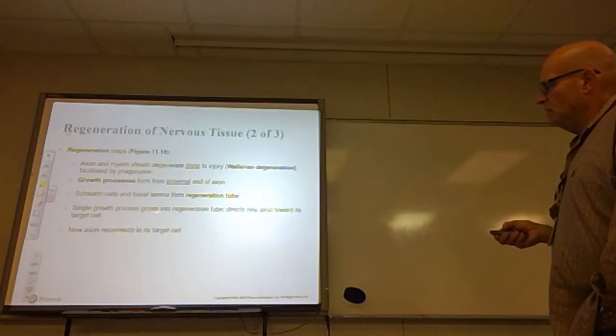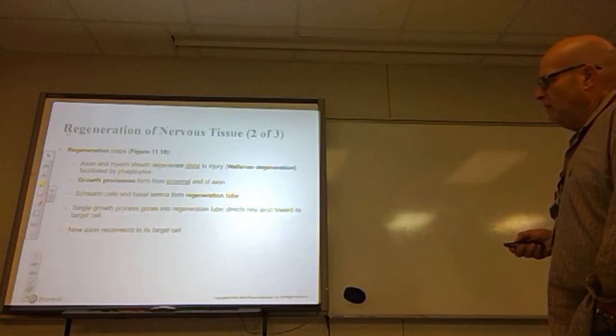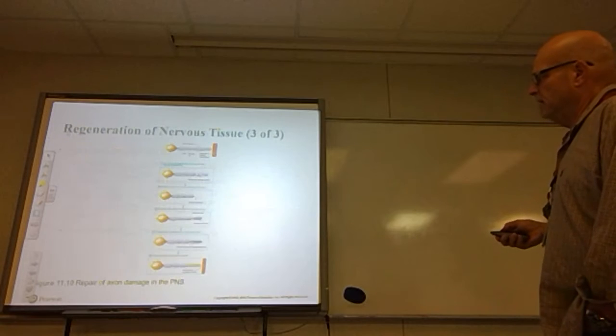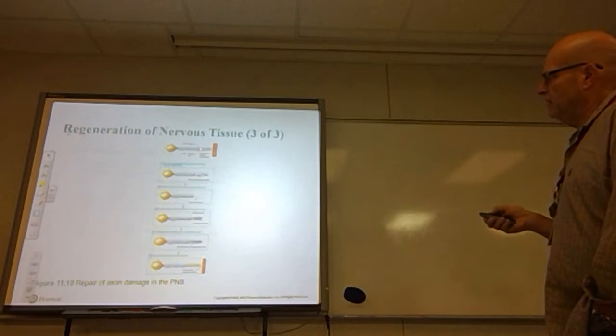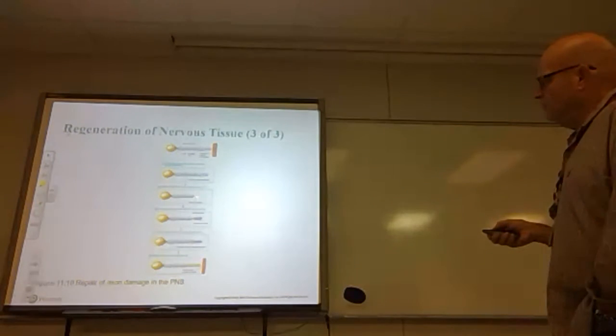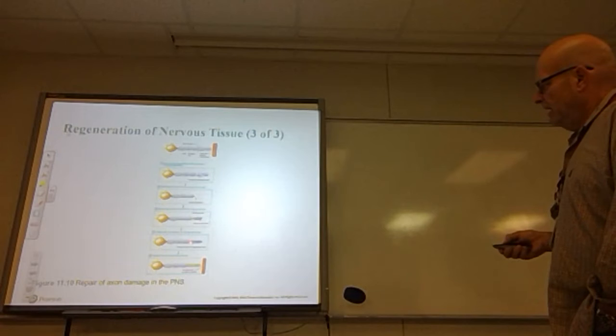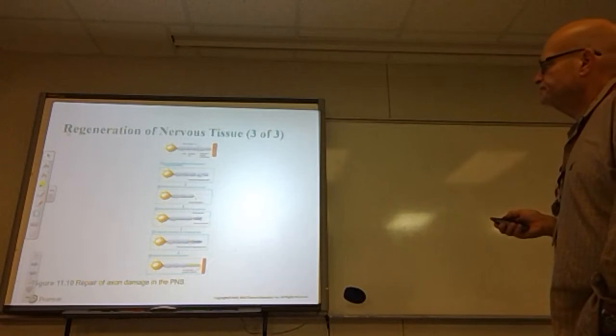A single growth process grows into the regeneration tube, which directs the new axon toward its target cell, and the new axon reconnects with the target cell. So here's the severing we saw. This area right here will die. A new regeneration tube will form with the Schwann cells, and ultimately we will reconnect to that muscle.